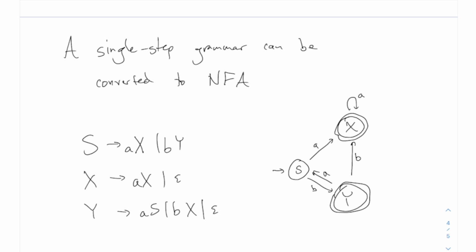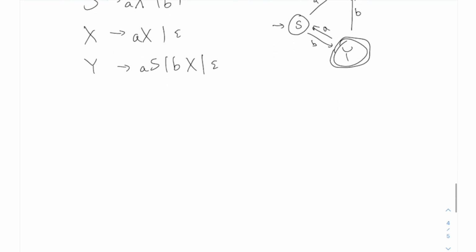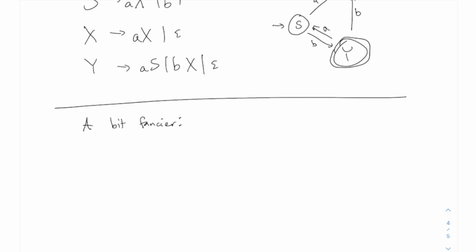So if you have a single step grammar, you can always make an NFA out of it. Something a little fancier, slightly more complicated than a single step grammar, is called a right linear grammar.